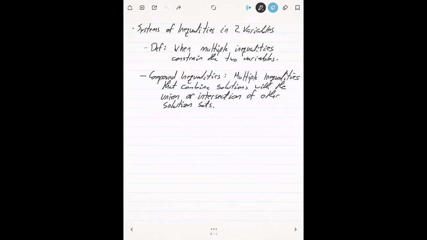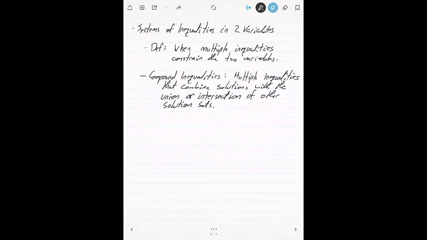We're constraining the variables to specific solutions. However, when we get the solutions, we're making them either the union or intersection of other solution sets. So we're applying a very specific technique of how we're going to combine the solutions, okay? But that's the idea. We're going to think of systems of inequalities and compound inequalities really as interchangeable terms.